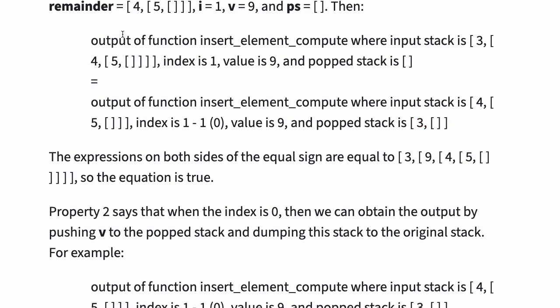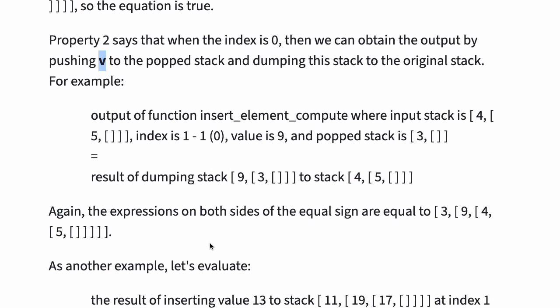The expressions on both sides of the equal sign are equal to the stack 3, 9, 4, 5. So the equation is true. Property 2 says that when the index is 0, then we can obtain the output by pushing v to the pop stack and dumping this stack to the original stack.